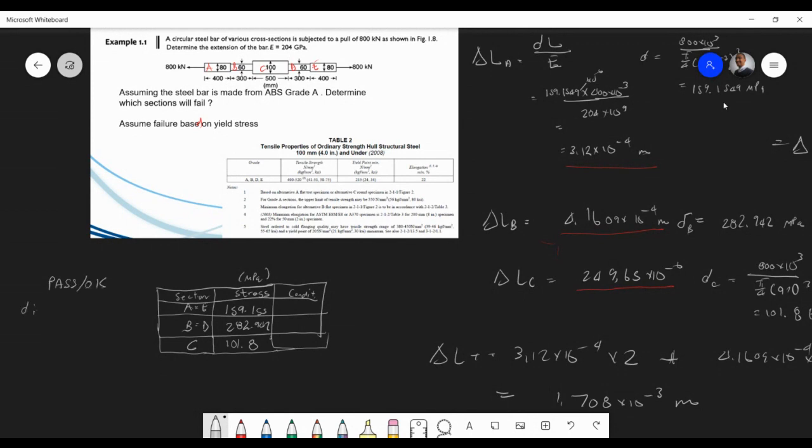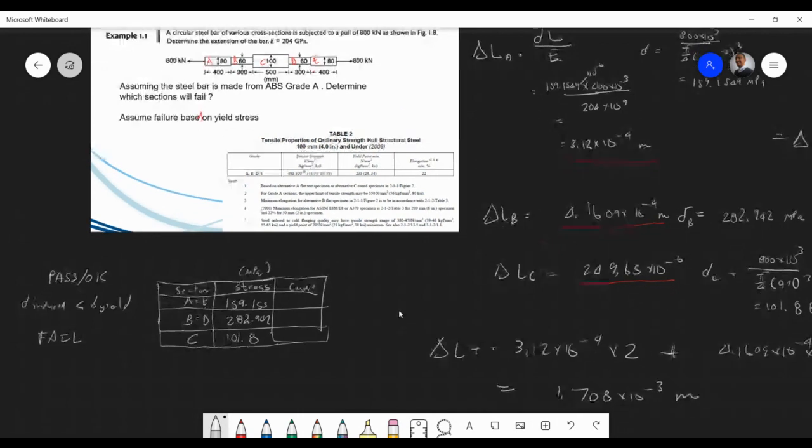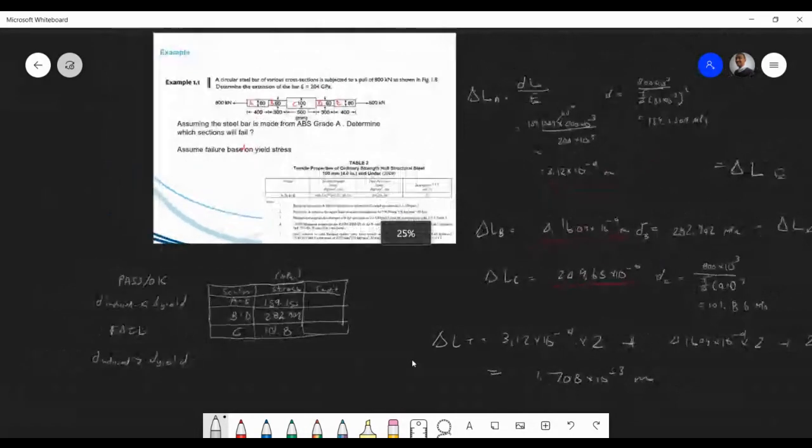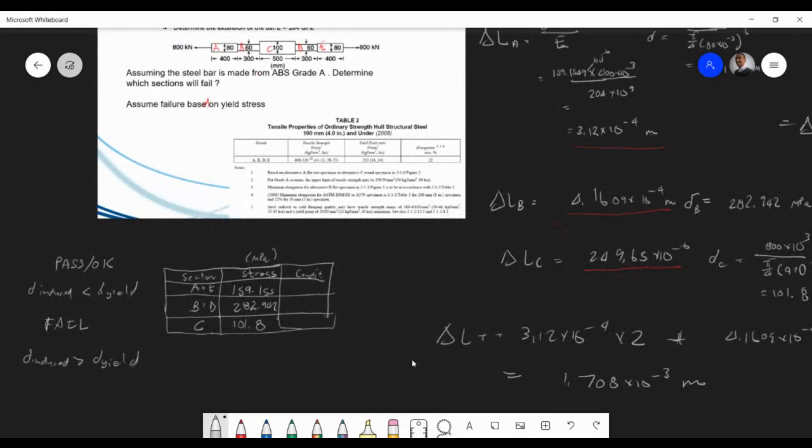If your induced stress is less than your allowable, or your yield, it's a pass or okay, which means it's not going to fail. And when we say fail, we mean it's going to break. Of course, our analysis currently doesn't tell us exactly where, but we have an idea. So if your induced stress is greater than your yield, what is going to happen? It's going to fail. So if I look at section A, is this a pass or fail? Oh yes, and our yield stress for this grade is 235.